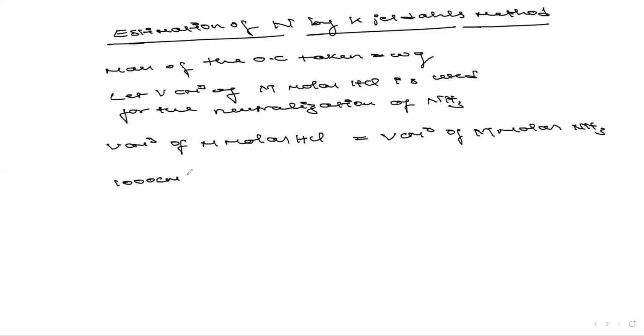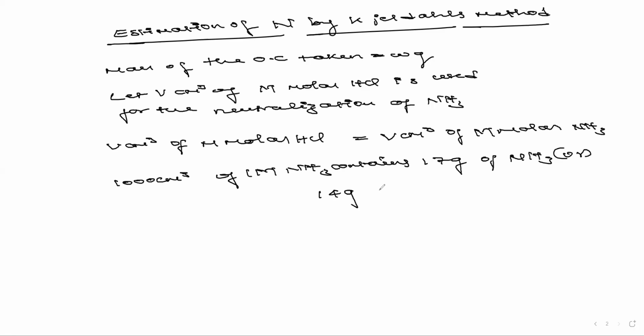So 1000 centimeter cube of 1M NH3 contains 17 gram of ammonia, or 14 gram nitrogen.